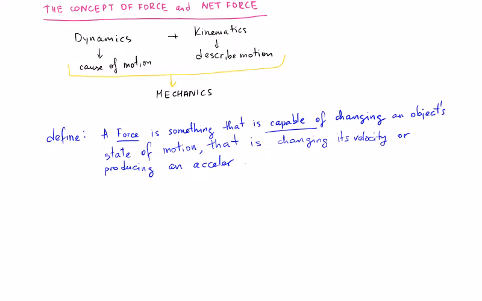It takes into account the fact that a force may be acting on an object, but its capability to produce a change in motion may be balanced or cancelled by one or more other forces. The net effect is then zero. Thus, a force may not necessarily produce a change in motion. However, it follows that if a force acts alone, the object on which it acts will have a change in velocity or an acceleration.